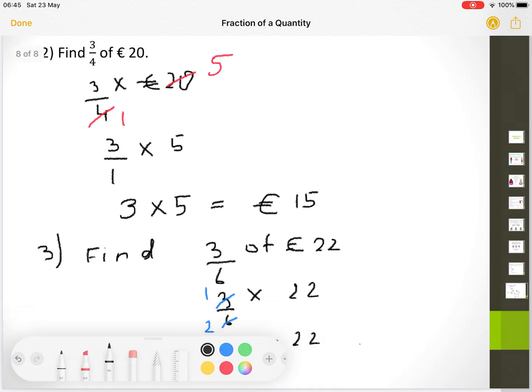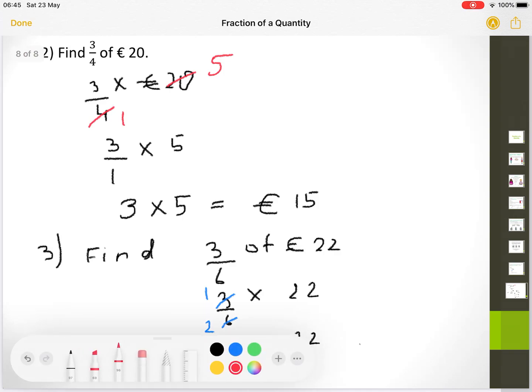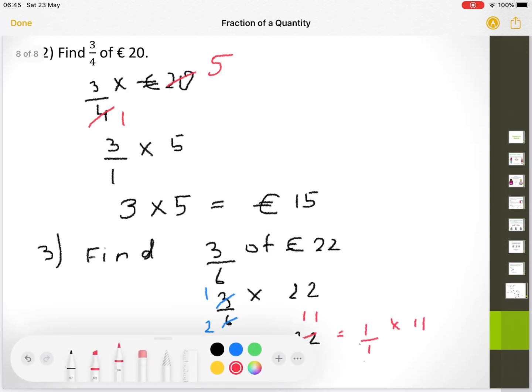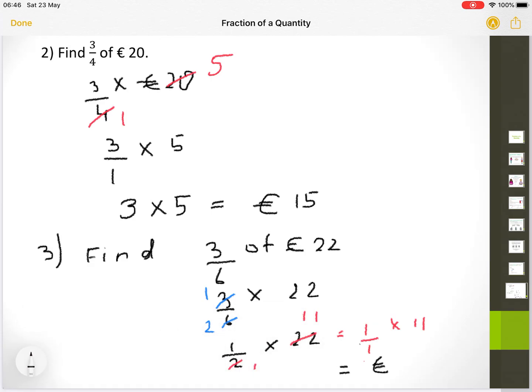They are both multiples of 2. 2 into 2 goes 1. 2 into 22 goes 11. I remain with 1 on 1 times 11, and 1 on 1 times 11 is 11 euro.